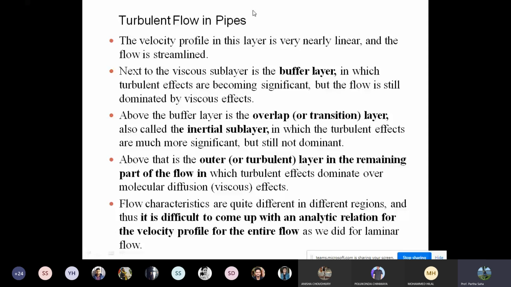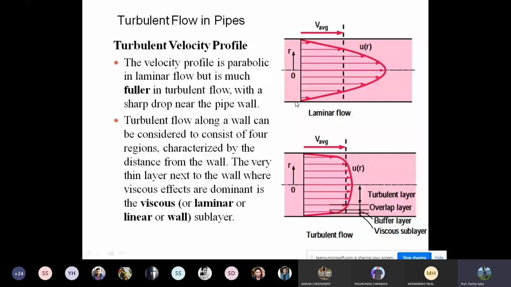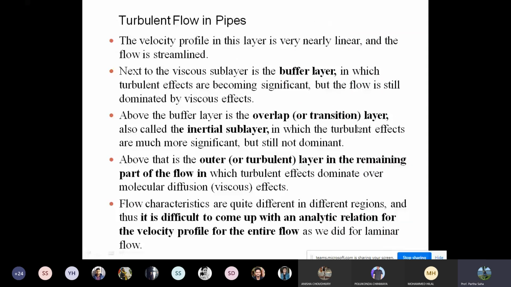Next to the viscous sublayer is the buffer layer, where the turbulent effects are becoming significant compared to the viscous sublayer, but the flow still remains viscous and streamlined. Next to that is the inertial sublayer, where turbulent effects are much more significant. And finally, the outer layer, which is the turbulent layer, where turbulent effects become dominant.